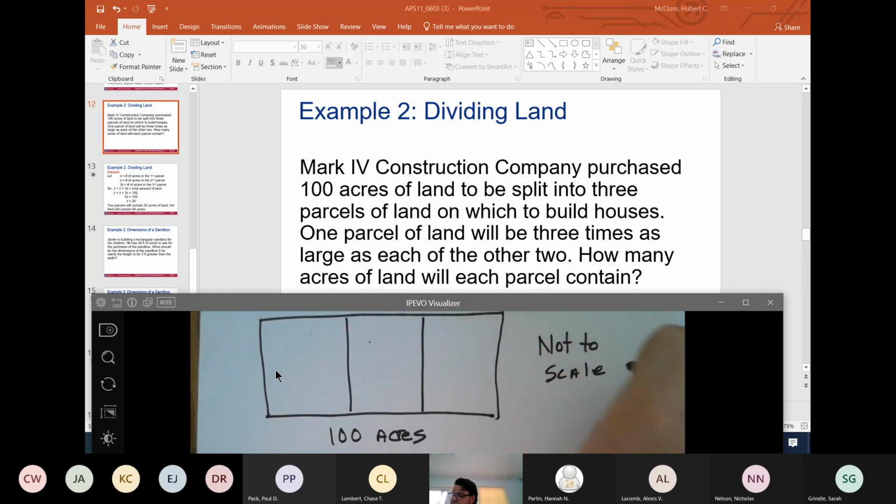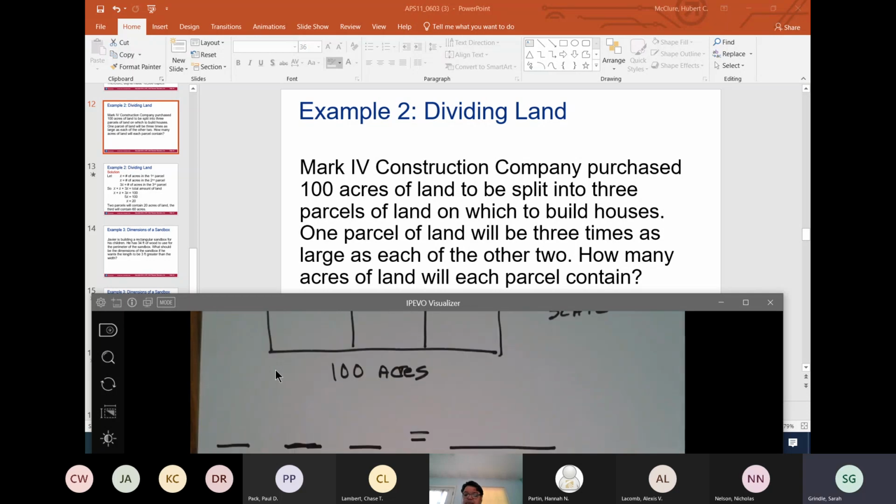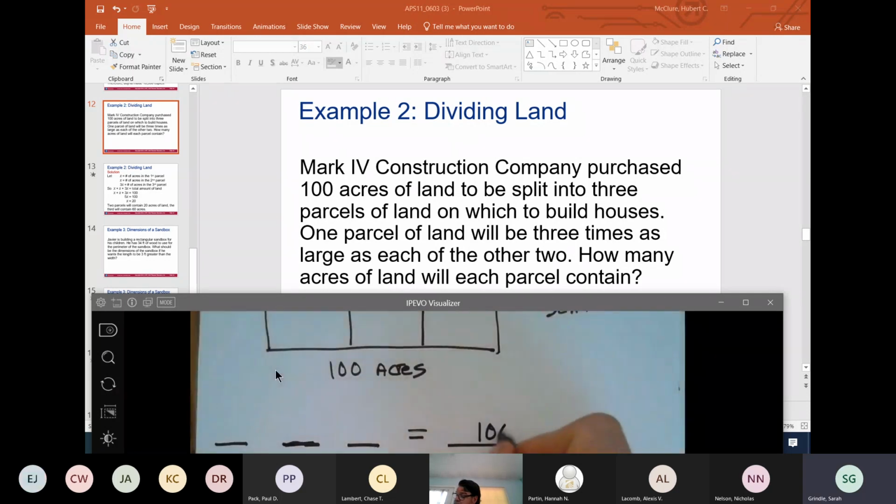You let your algebra and your brain set up the size. Okay, so somebody tell me, here's my equal sign. Somebody tell me what goes on the right-hand side of the equal sign here. The 100 acres. 100 acres.